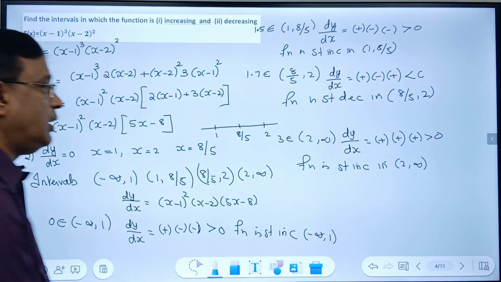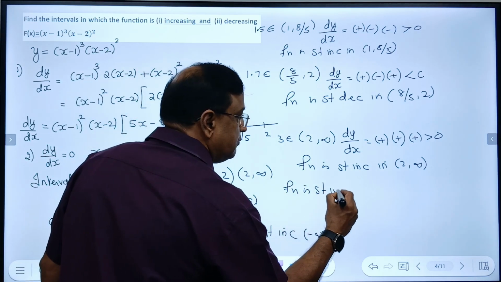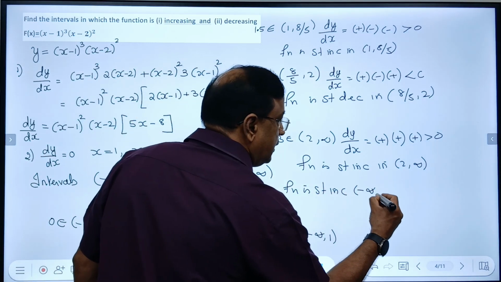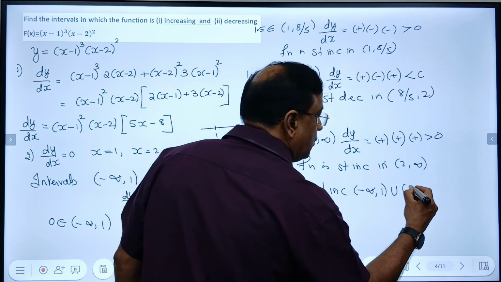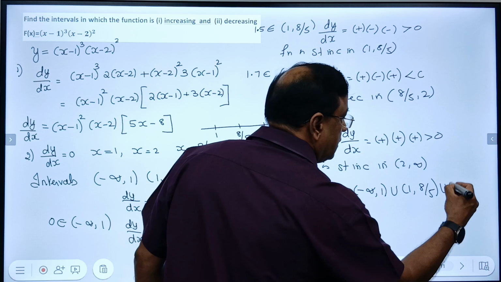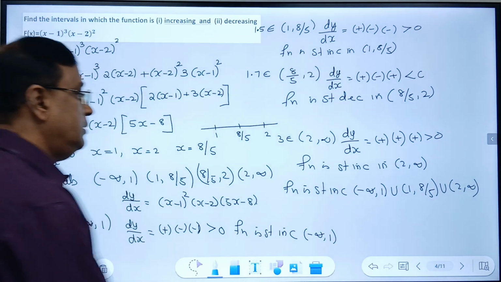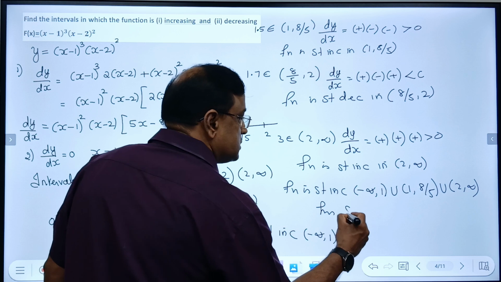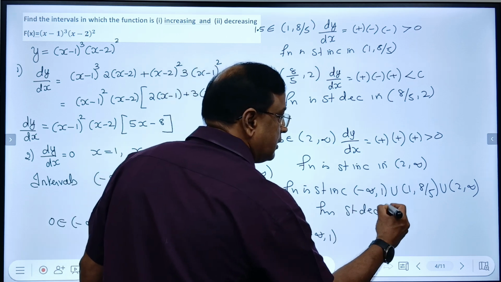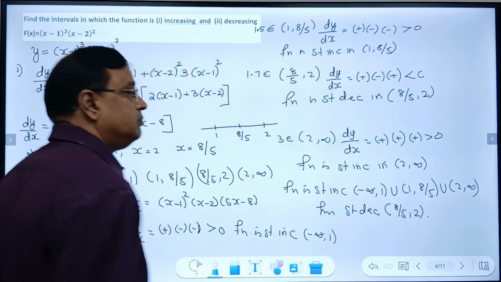So how do I conclude? The function is strictly increasing in minus infinity comma 1, union 1 comma 8 by 5, union 2 comma infinity. And the function is strictly decreasing in 8 by 5 comma 2.